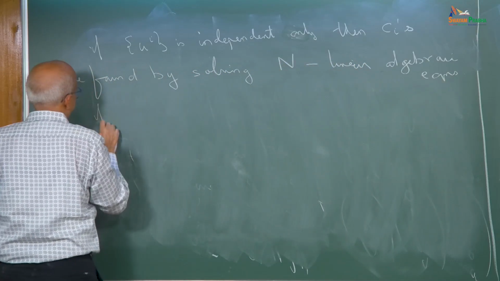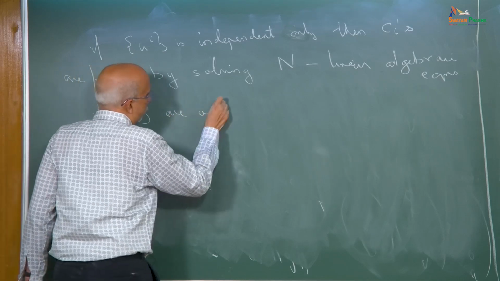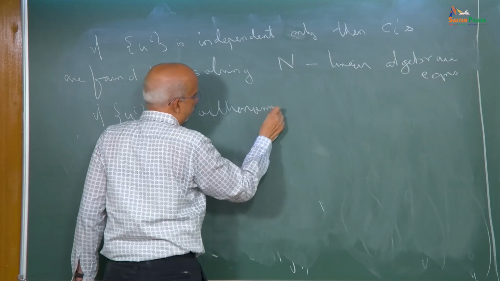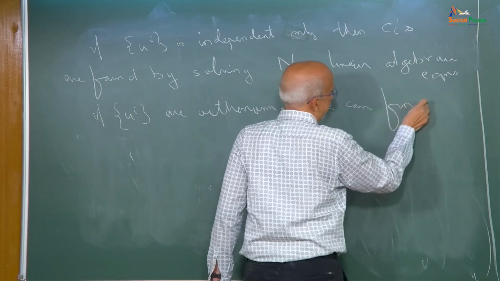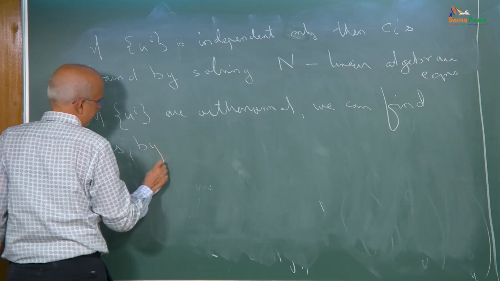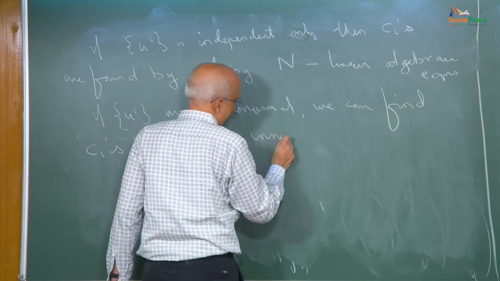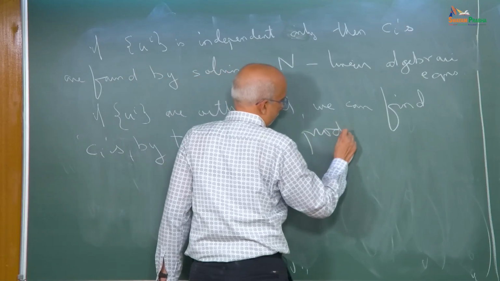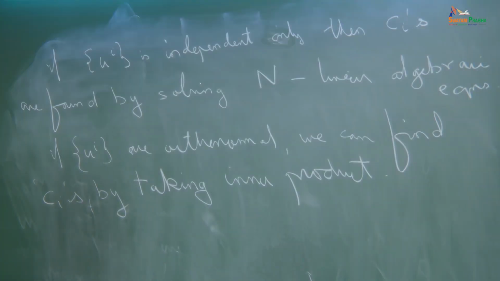If ui are orthonormal, we can find Ci's by taking the inner product directly. You don't have to sit and do Gauss-Seidel eliminations, and the problem arises when n is large.